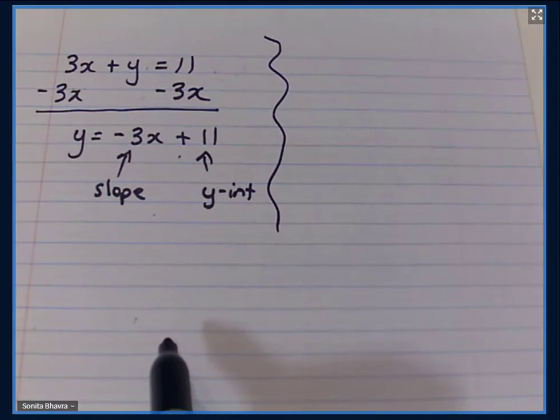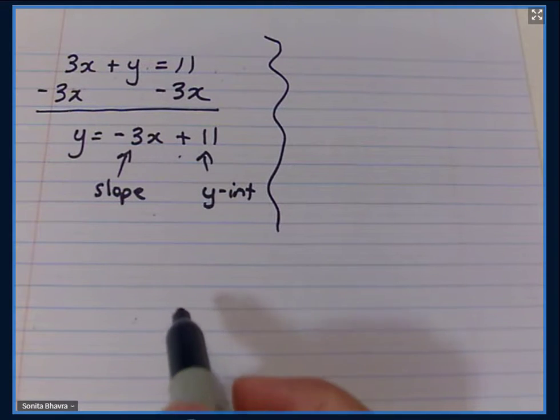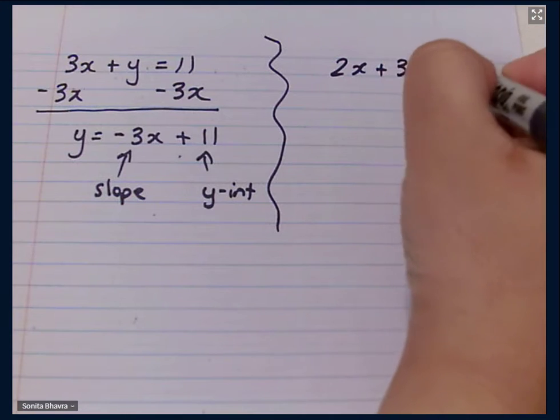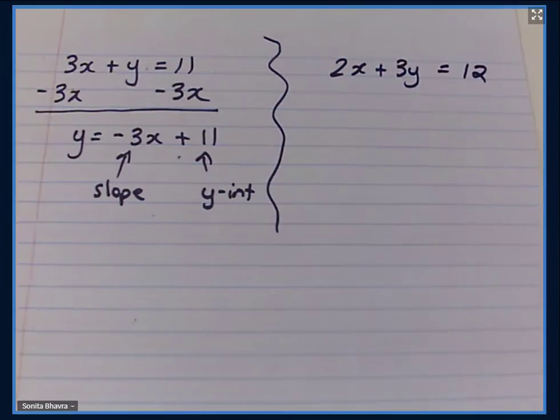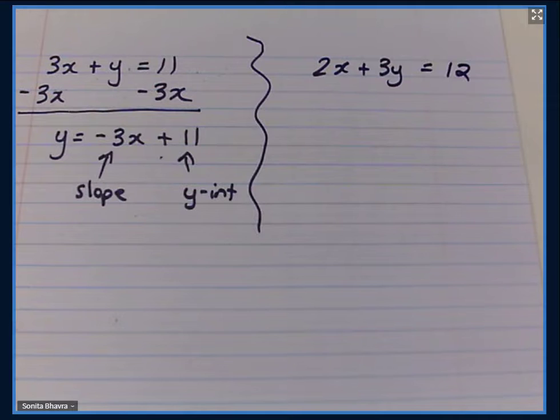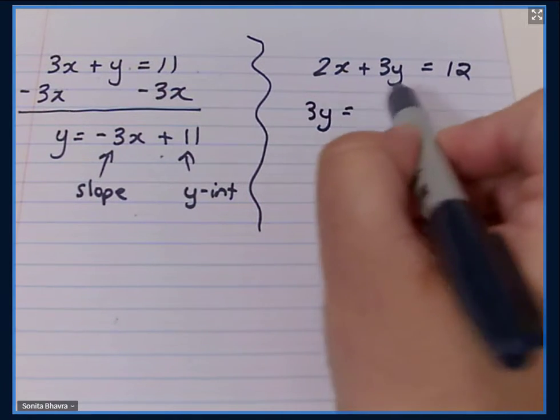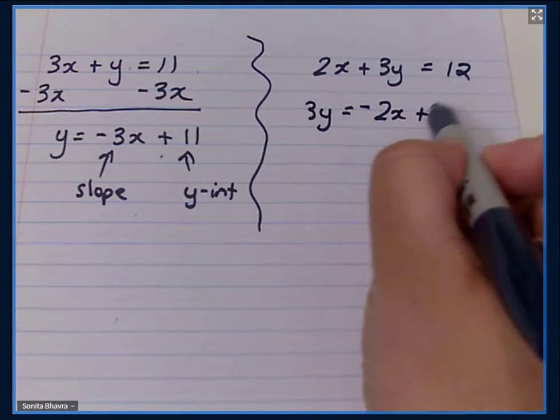The second equation that we are given is 2x plus 3y equals 12. I'm just going to put this equation into y equals mx plus b form as well, so I have my slope and my y-intercept. To do this, I'm going to subtract the 2x over. So I will have 3y equals negative 2x plus 12.